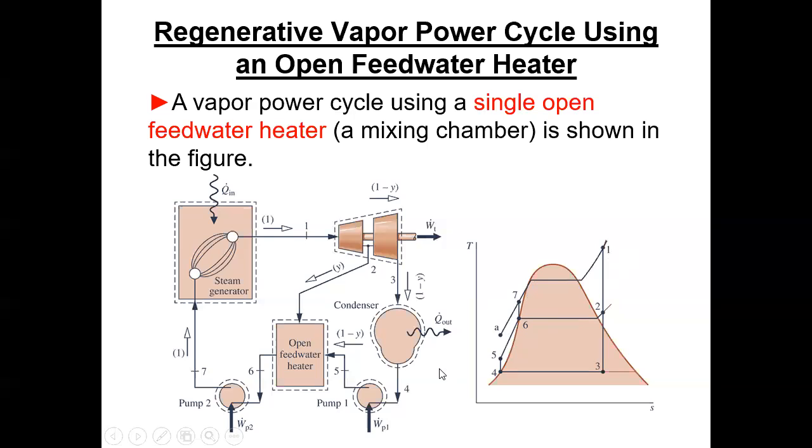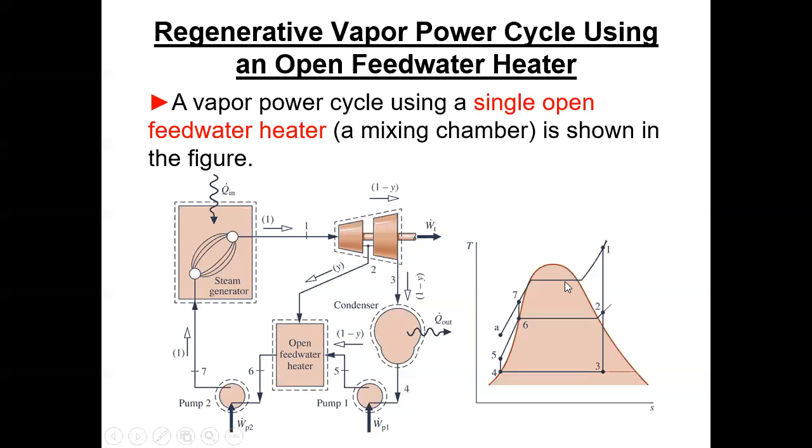The answer is, it goes up. Because in my initial case, before I add the feedwater heater, I'm heating from A all the way to 1. With the feedwater heater, I'm heating from 7 to 1. It's pretty obvious that the average temperature from 7 to 1 is greater than from A to 1. Hence, I have increased my cycle efficiency. And that was my goal in doing this.